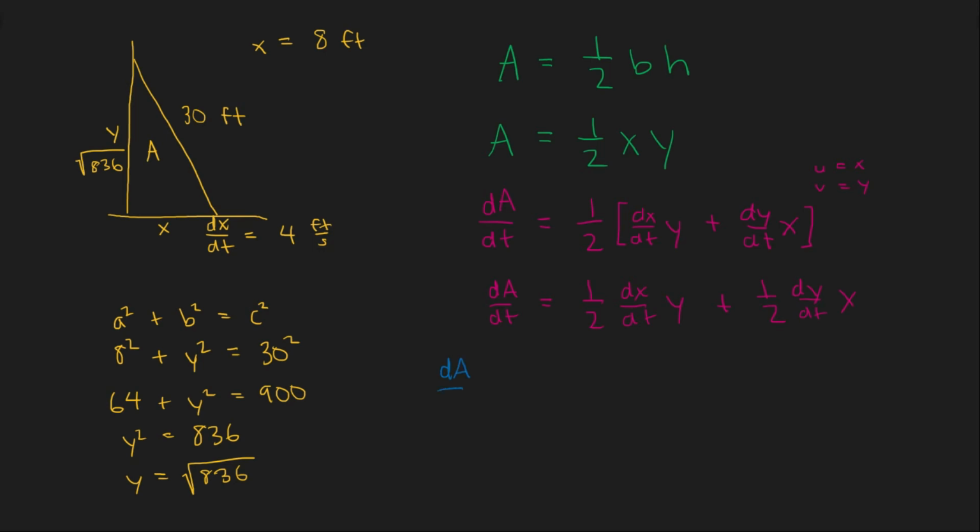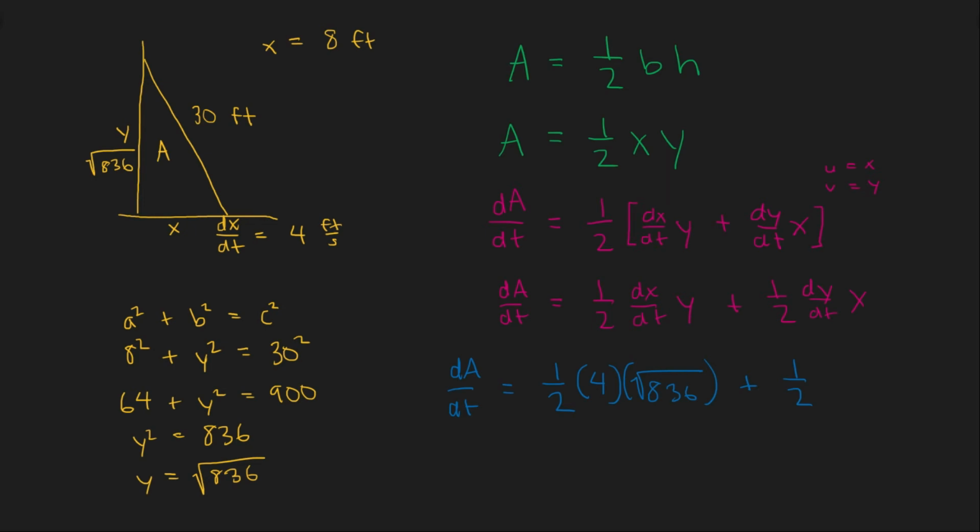dA over dt is equal to 1/2. And we know that dx over dt is going to be 4 feet per second. So I'll write a 4. We know that y is going to be root 836. So root 836 plus 1/2.